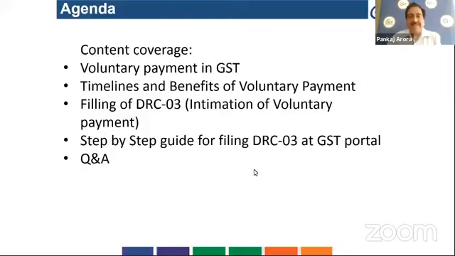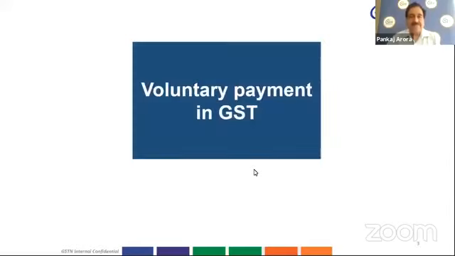We will elaborate the step-by-step actions to be taken by the taxpayer while filing intimation of voluntary payment to the tax department. At last, we will entertain some questions and reply accordingly.